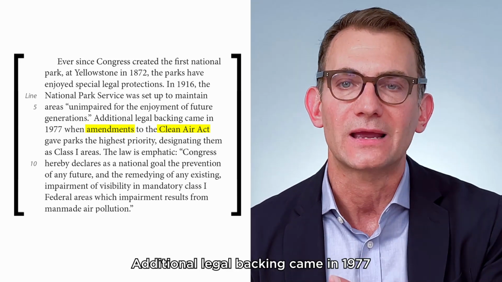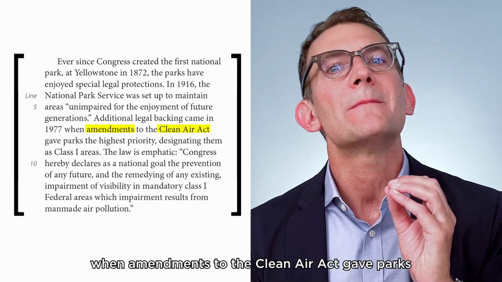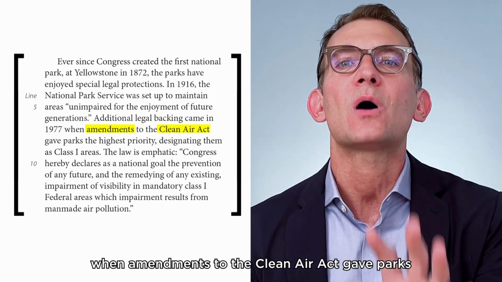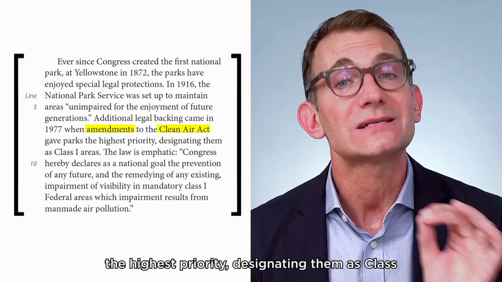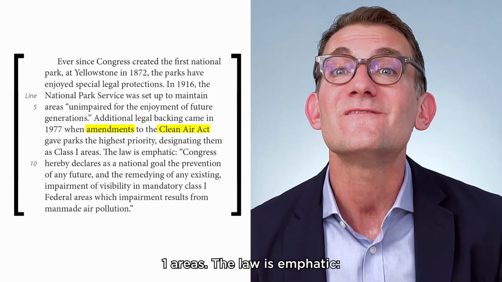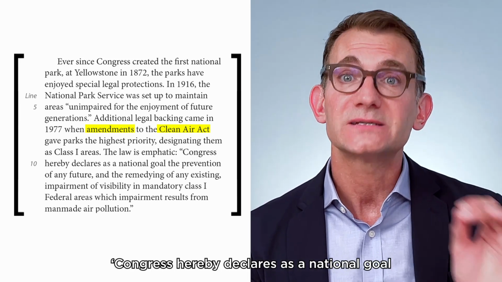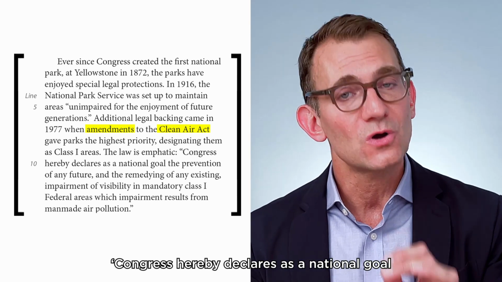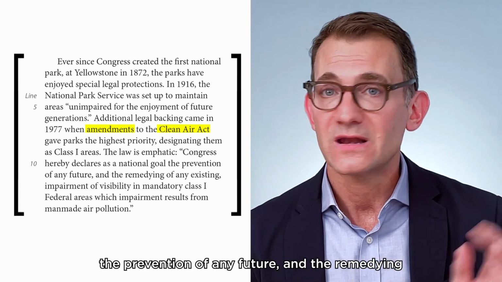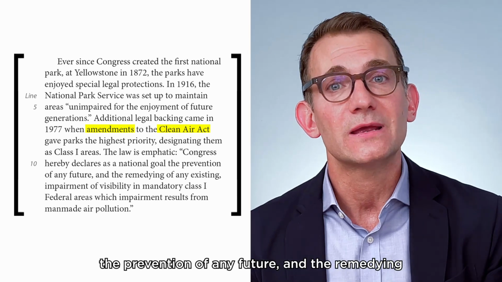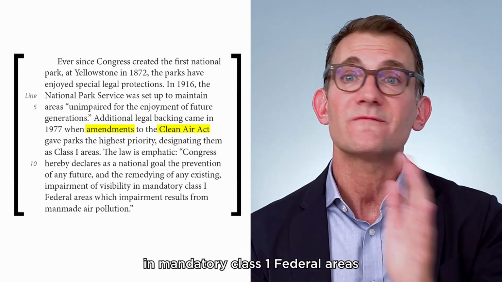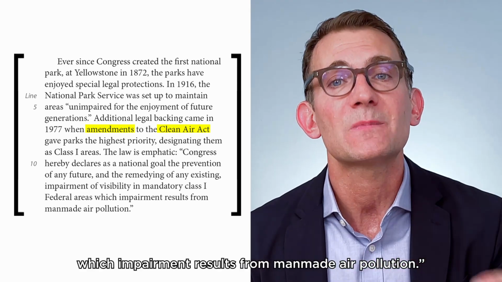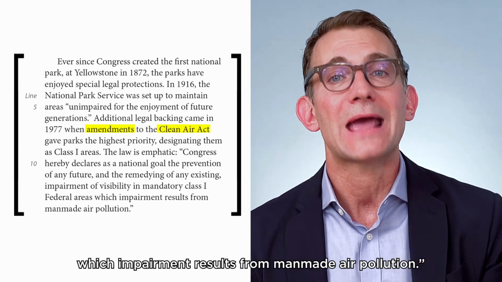Additional legal backing came in 1977 when amendments to the Clean Air Act gave parks the highest priority, designating them as Class 1 areas. The law is emphatic. Congress hereby declares as a national goal the prevention of any future and the remedying of any existing impairment of visibility in mandatory Class 1 federal areas, which impairment results from man-made air pollution."